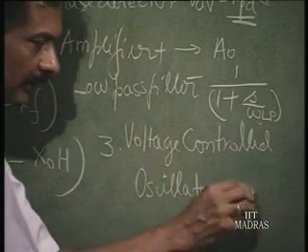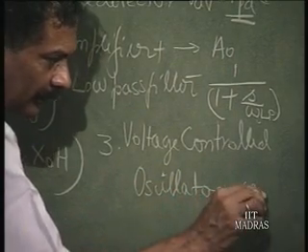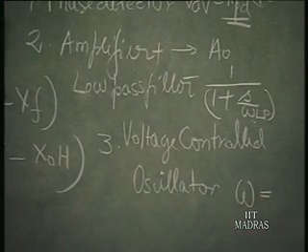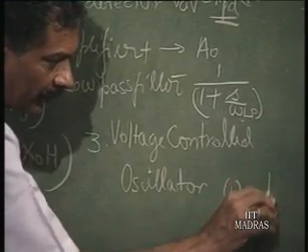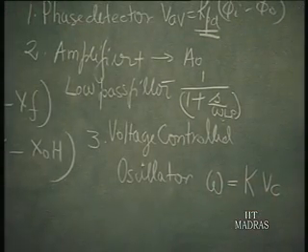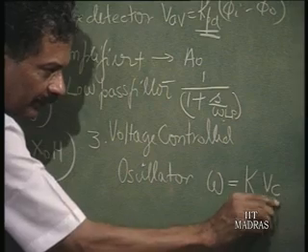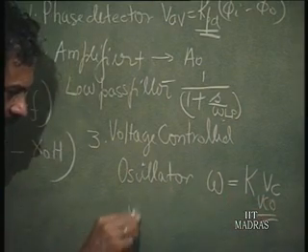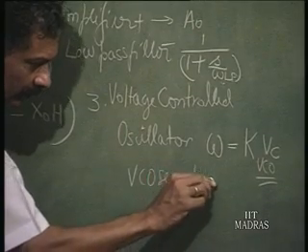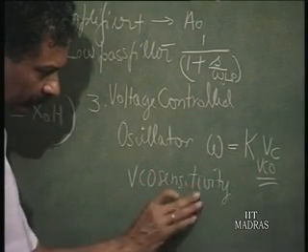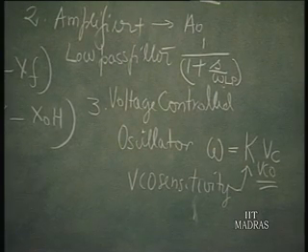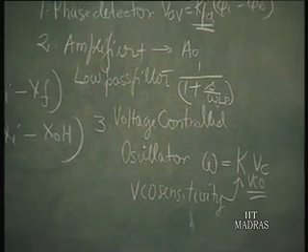What is it? Frequency omega is dependent upon the control voltage. If it is linear, it will be directly proportional to the control voltage. This is called KVCO, the VCO sensitivity. Omega is equal to KVCO times VC.